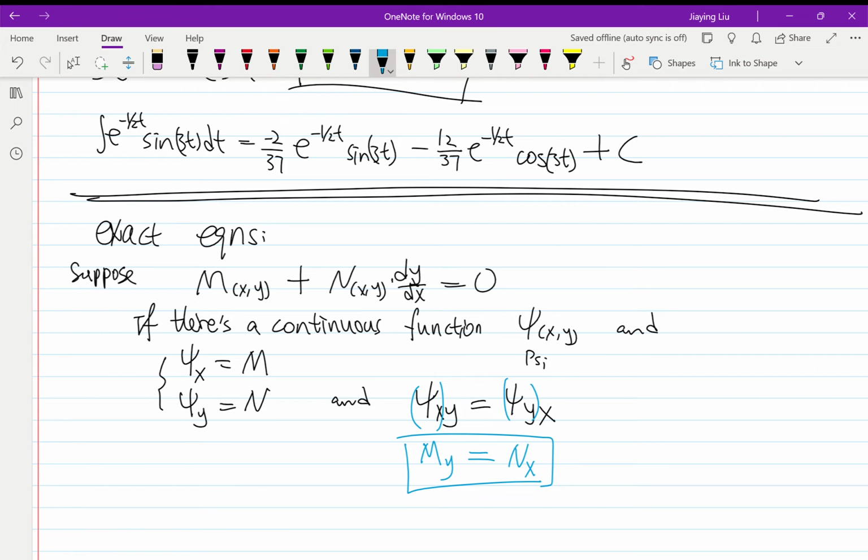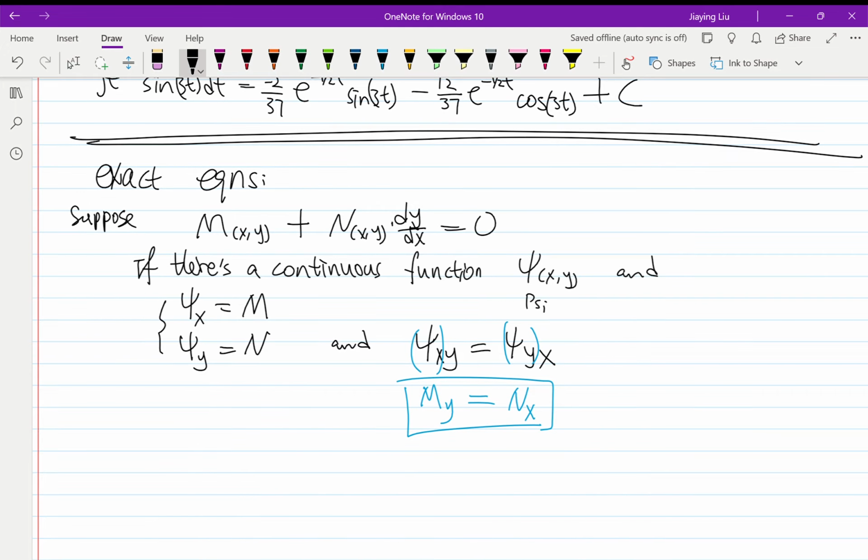So suppose we have this function psi, those relationships are true, and this equality is true as well. If that's all true, then the differential equation given is exact. That's what we call an exact equation.